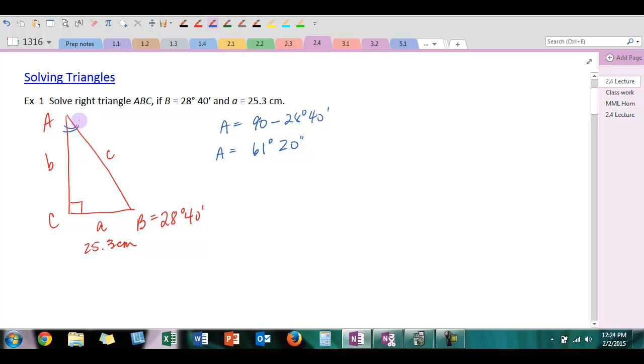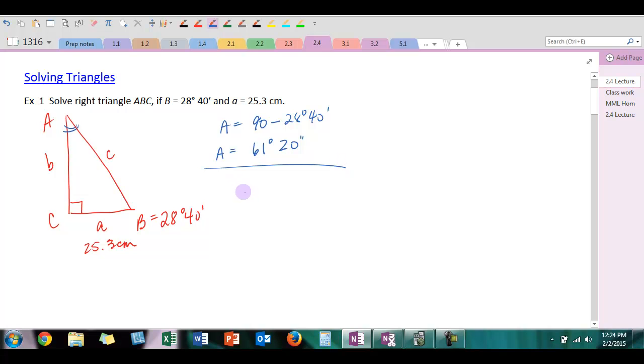The next thing I'm going to do when I approach this is, normally I would use Pythagorean's theorem to find the measures of the sides of a triangle. But I only know one side measurement and I need two to be able to solve this. So we're going to use trig to find one of the missing sides. You can do this in all sorts of different ways. It doesn't really matter how you start.